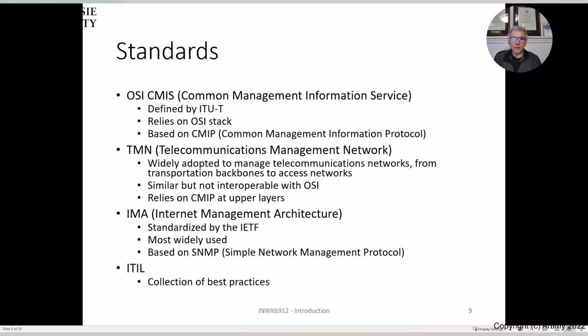So the first standard we will discuss is the OSI CMIS, Common Management Information Service, and this is the same source of information that we got the 7 layers of networking from, right? So we learned about the OSI model, the 7 layers.